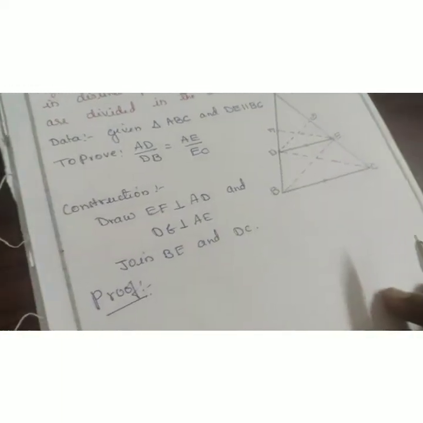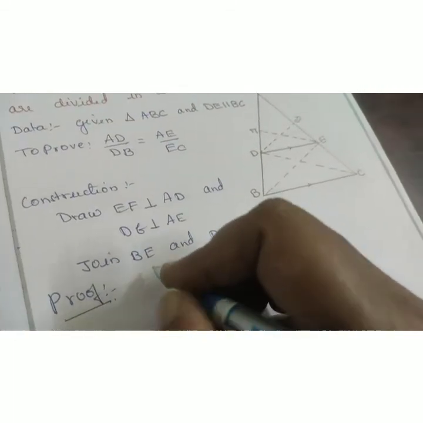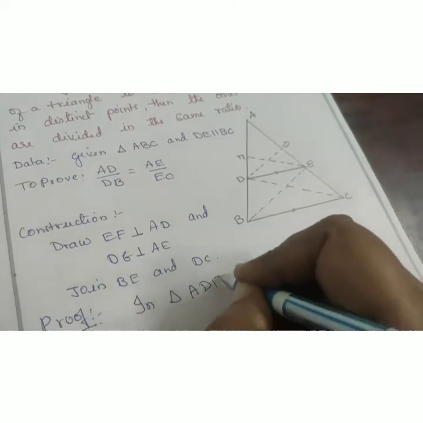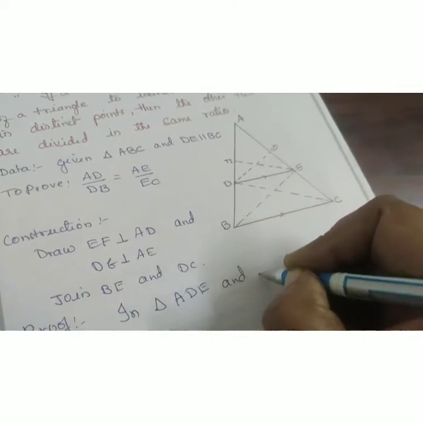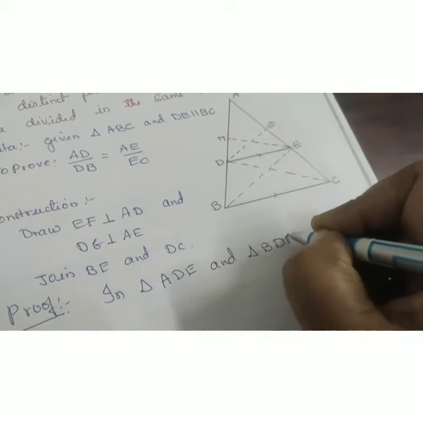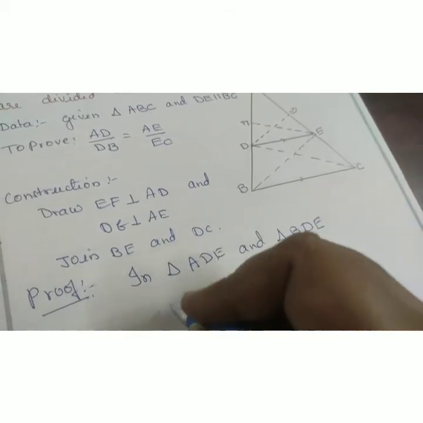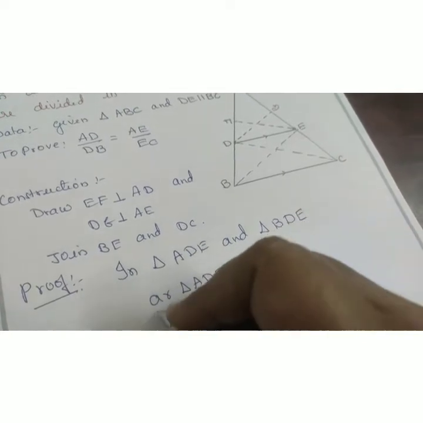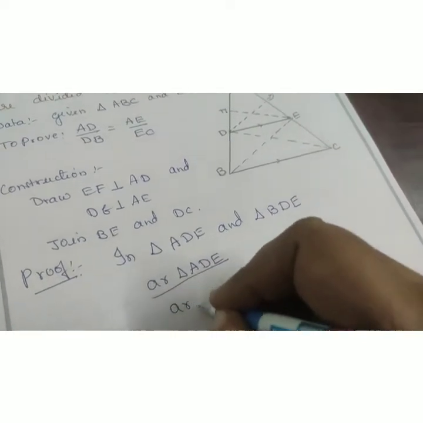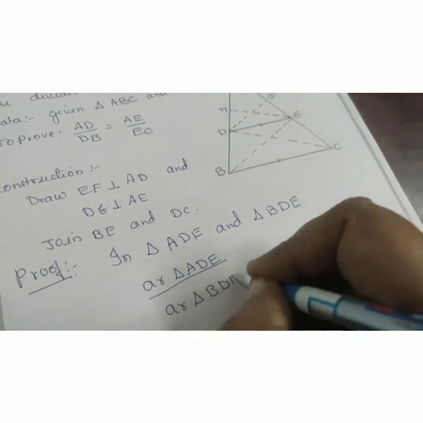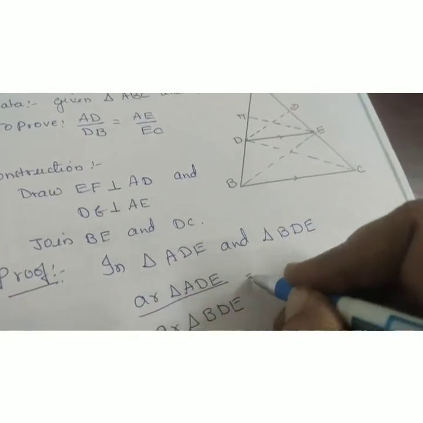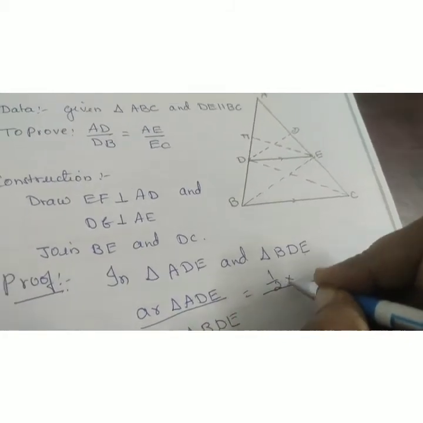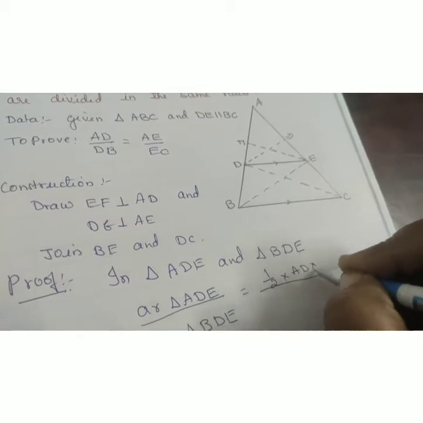So let us write that. So in triangle ADE and triangle BDE, area of triangle ADE by area of triangle BDE. So what is the area? Half base into height, that is half into AD into EF.